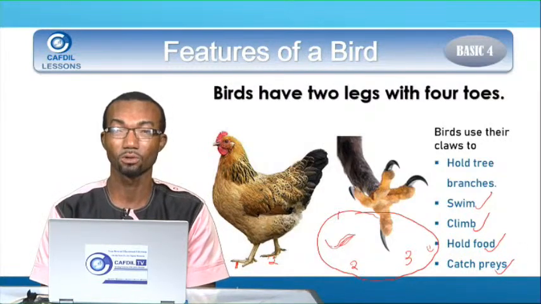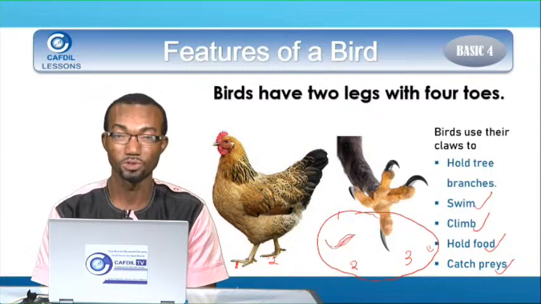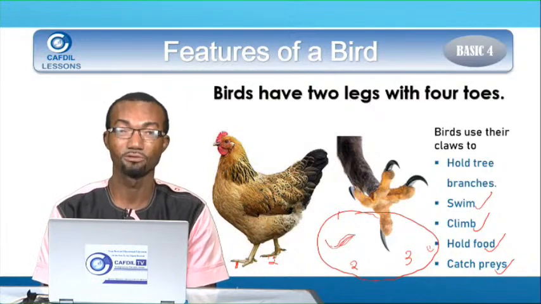Others also use the claws to fight. So these are some of the uses of the claws of a bird. So this feature says that birds have two legs with four toes, and the four toes make up the claws of the bird, and the bird uses the claws to hold tree branches, swim, climb, hold food, catch prey and also fight.